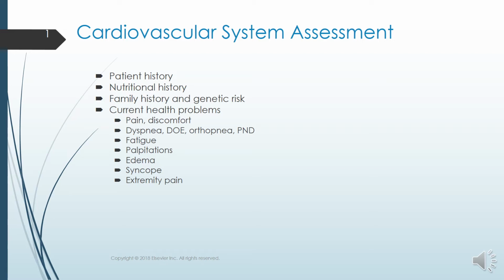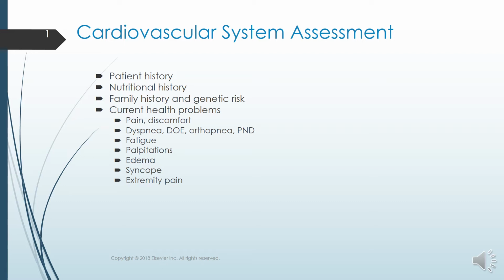Excess fluid is going to be known as edema. And the thing about excess fluid is it's a little tricky because you may gain 10 or 15 pounds before you start seeing edema occur. So having the patient weigh themselves daily, especially with congestive heart failure, is going to be really important teaching for that type of patient.